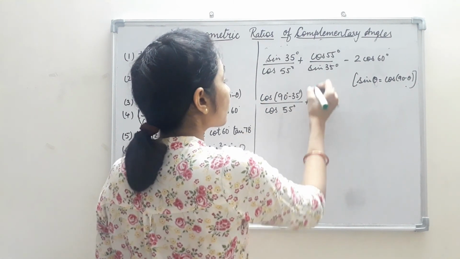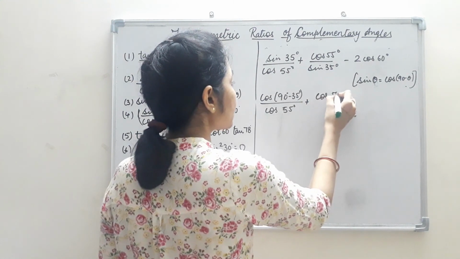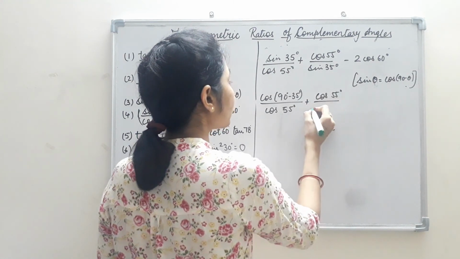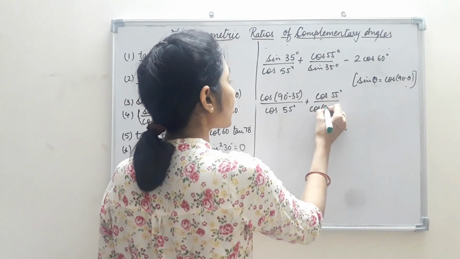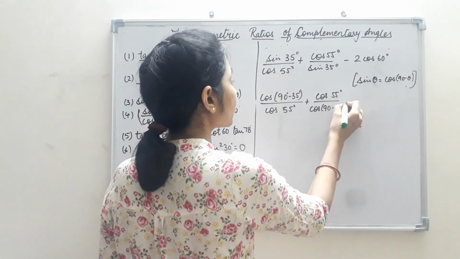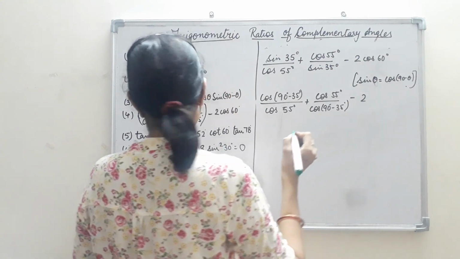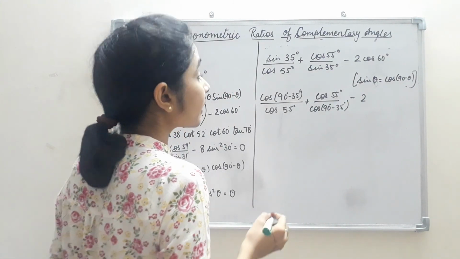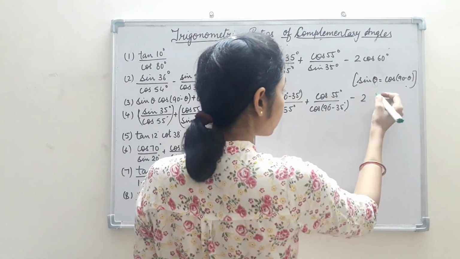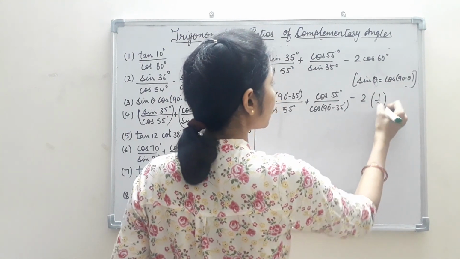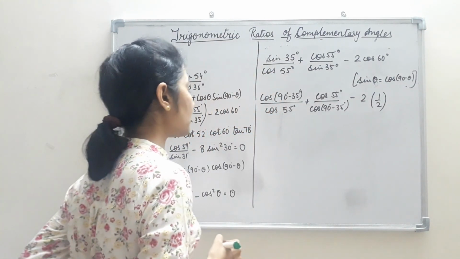Plus cos 55 remains as it is, sin 35 again I am changing into cos 90 minus 35, minus 2 into 1 upon 2, the value of cos 60 degree.